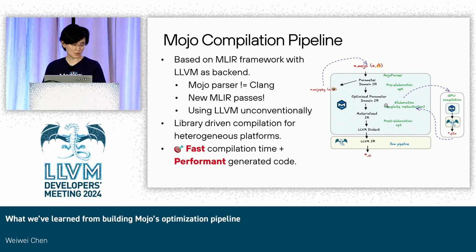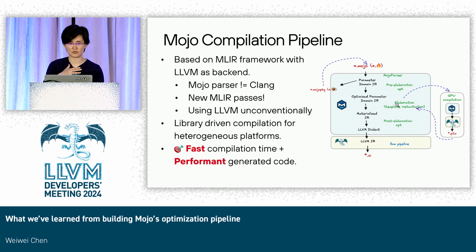Mojo also uses a library-driven compilation model for heterogeneous platforms. When you write GPU code, you will always write some host code on the CPU, then the GPU part, and then maybe some other host code. In Mojo, the GPU part is a parametric function. That's why the GPU-related compilation happens during elaboration time.